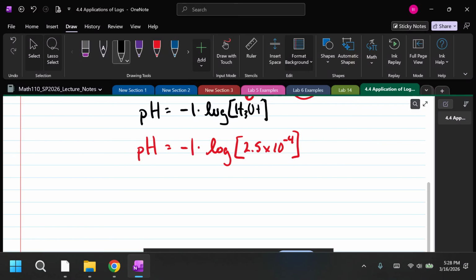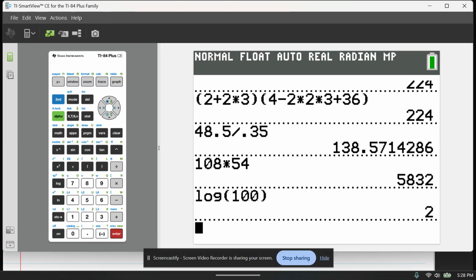Go to our calculator. -1 times, and then the log button. Skylar, this is what you asked about where the log button was. We're going to use it in this section a lot. We're going to use log base 10 because that's the kind of log in the equation. And then our number was 2.5 times 10 raised to the negative 4.